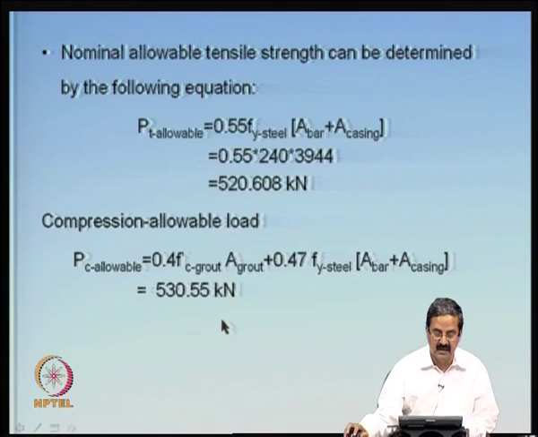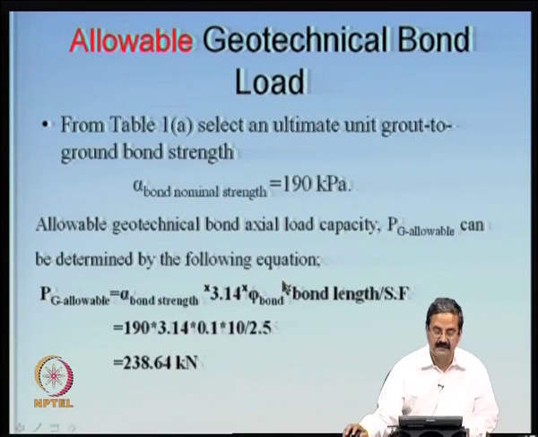You can see that the allowable tensile load is 520, and the allowable compressive load is 530. The allowable geotechnical capacity, depending on the type of material, is about 190 kPa, and using the bond strength and the length, 10 meters, I get 238.